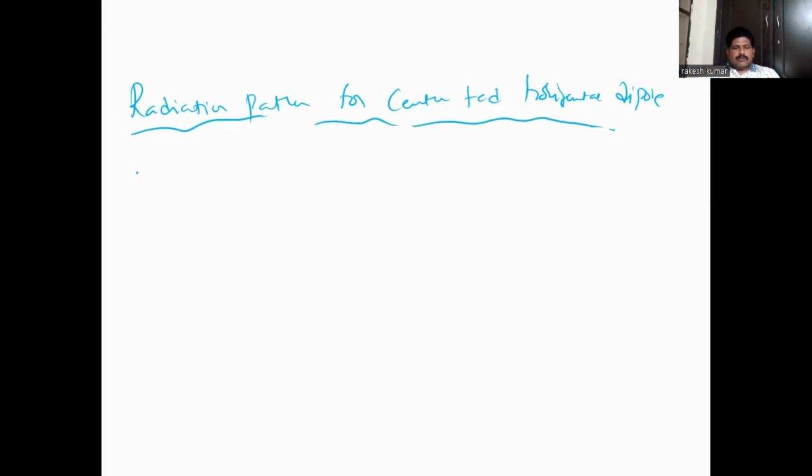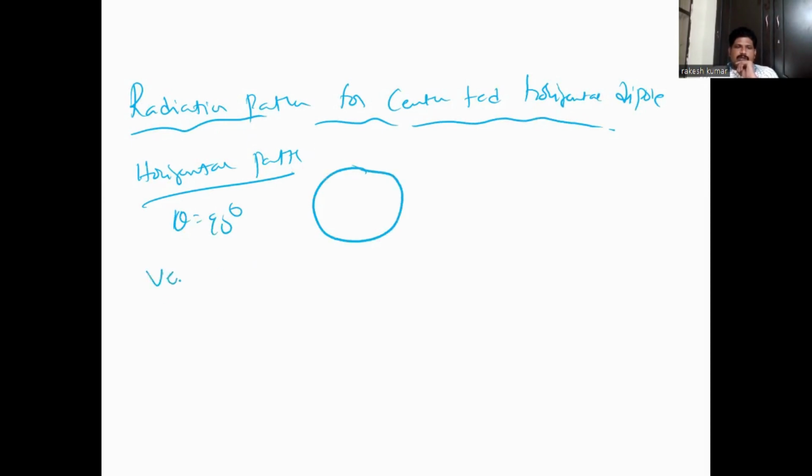Here the horizontal pattern is the same. E theta becomes H phi, and H phi becomes E theta here. Theta is equal to 90 degrees. See, this is our vertical pattern.